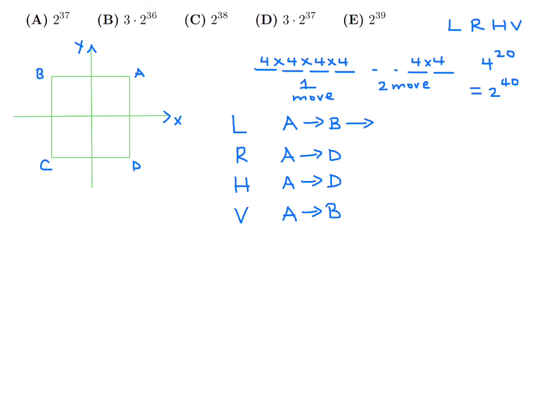So B now. B for L, for R. Let me do it horizontally. For L, for R, for H, and for V. What happens? Okay. So let's figure this out. When B is going to be rotated, it will end up from there to there, where this is 90 degrees.